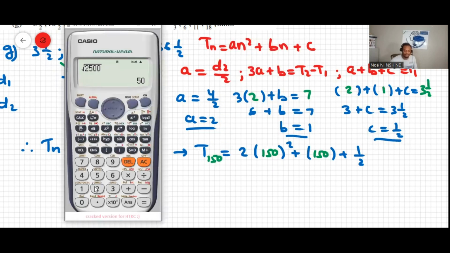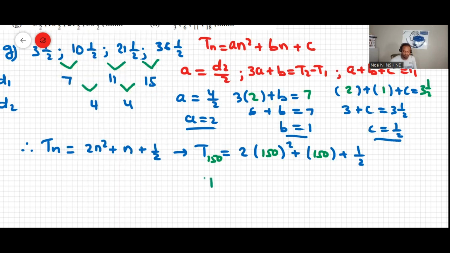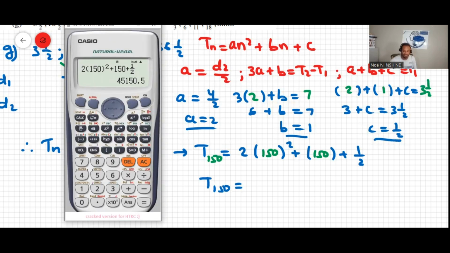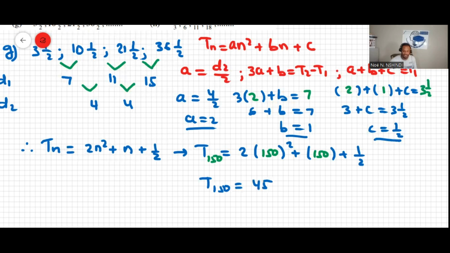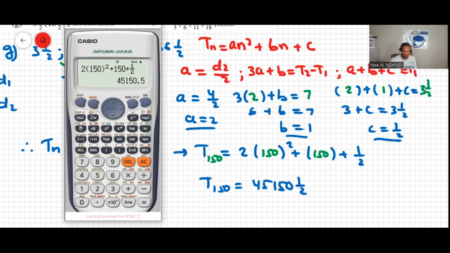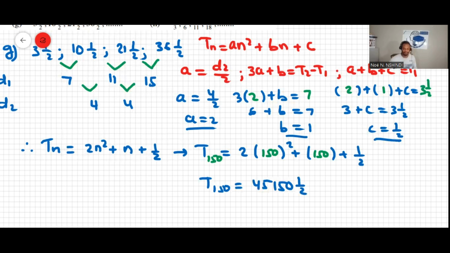So 2 times 150 squared, plus 150, plus a half. That means T150 is just 45150 and a half. Okay, that was G.